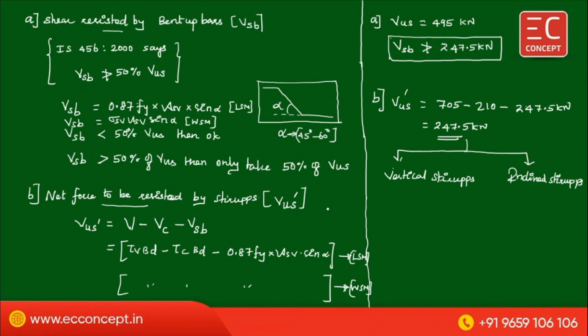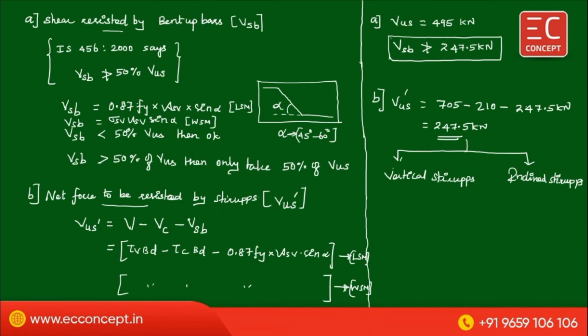Now C, the spacing of stirrups. For the shear reinforcement design, the spacing SV is equal to 0.87 Fy into ASV into D, divided by VUS dash, the net shear force.